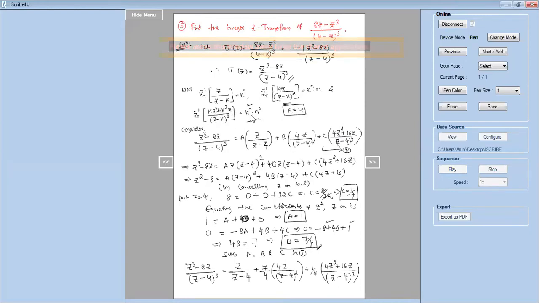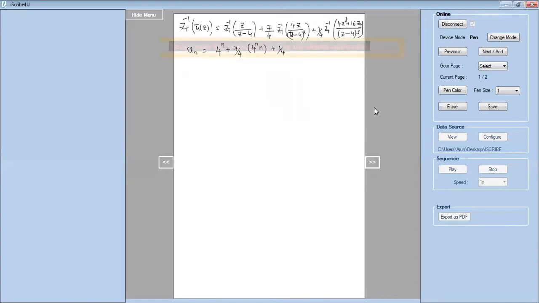It is nothing but k power n into n square. So with k as 4, it is 4 power n into n square. So it is 1 by 4 into 4 power n into n square. So this is the inverse z transformation of your problem.